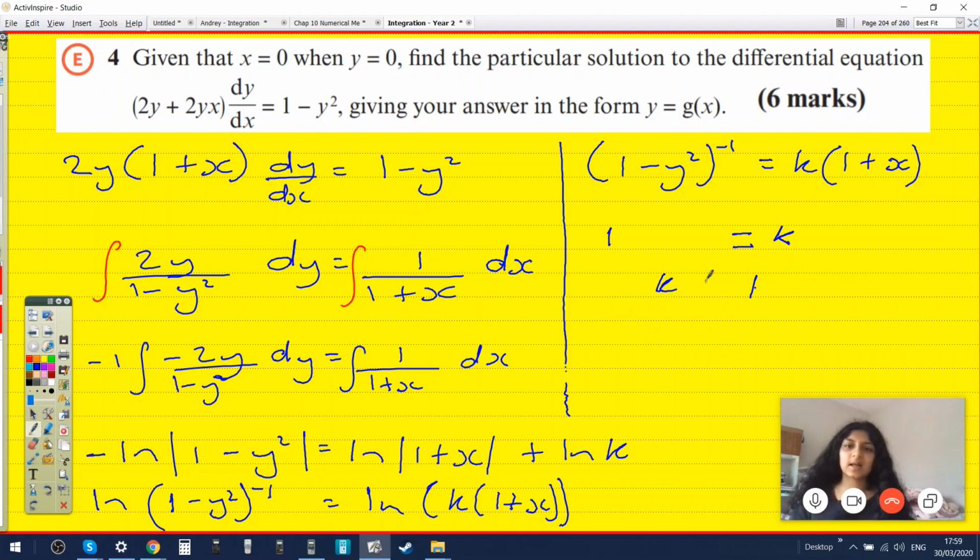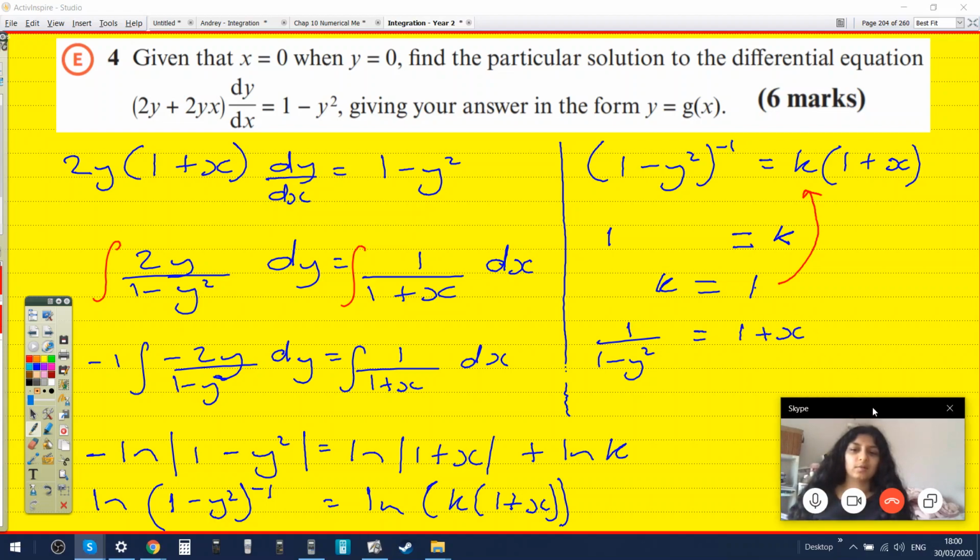You'd have to multiply 1 minus y squared to the other side and then divide by 1 plus x. I want to make y the subject because it's to the power of minus 1. So you times both sides by... so you have 1 over 1 plus x.